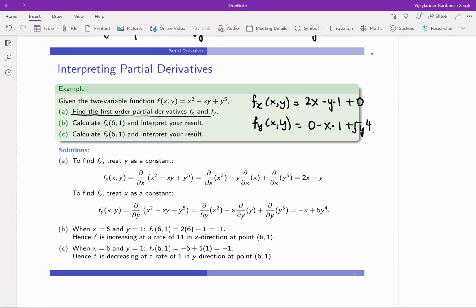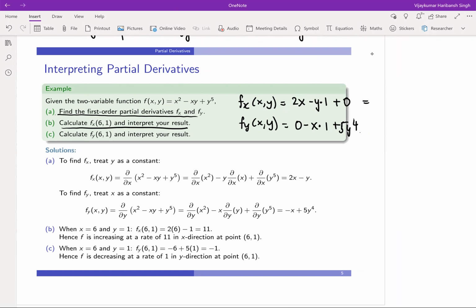Now, for the second part of the problem, calculate f_x(6,1) and f_y(6,1) and interpret your results. So basically, you're computing the partial derivative with respect to x and then substituting x as 6 and y as 1. When you compute f_x(x,y), you put x equals 6 and y equals 1.